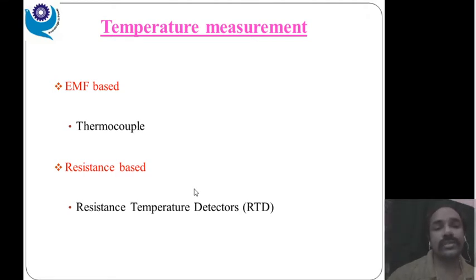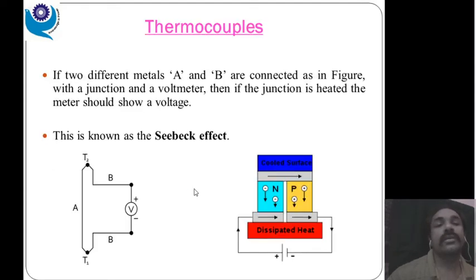So in this first part, that is the EMF based thermocouple, the very first point: thermocouples. There are n number of metals that we know. Nickel is there, bronze is there, copper, silver, gold, aluminium, n number of metals are there.